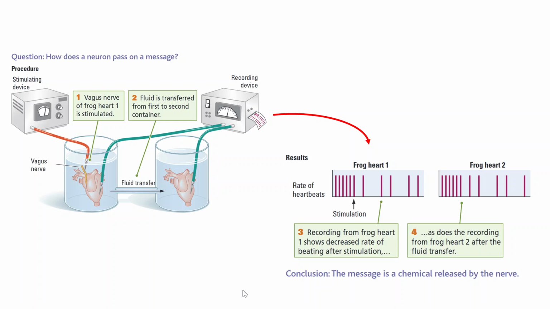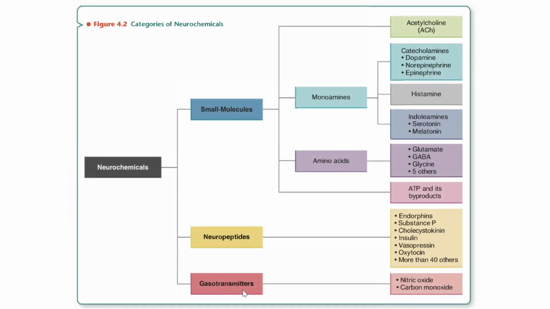Cool. Makes sense. Okay, so these are the broader classification of all the neurotransmitters as discovered by scientists. The main ones are acetylcholine, dopamine, norepinephrine, epinephrine, serotonin, melatonin, GABA, glutamate, stuff like that, and endorphins. Those are the main neurochemicals.